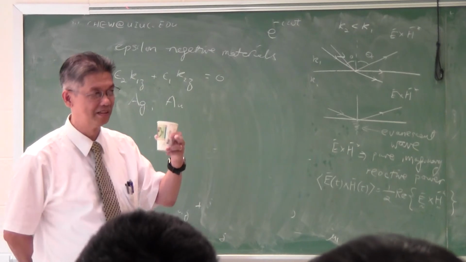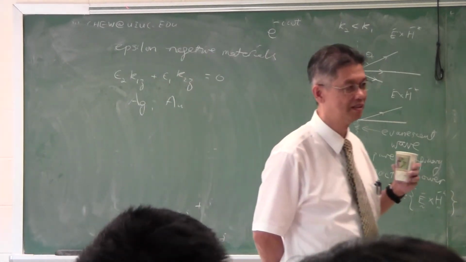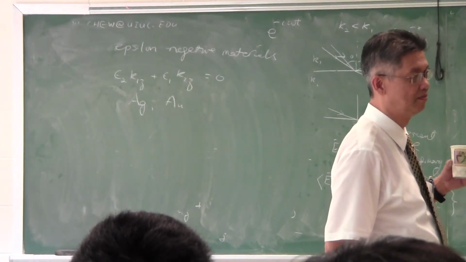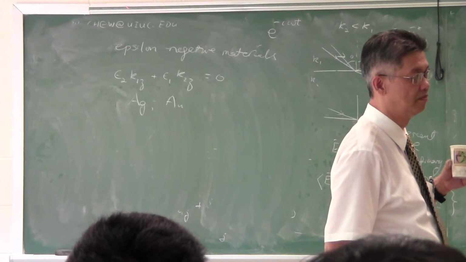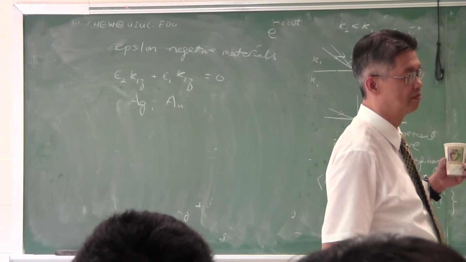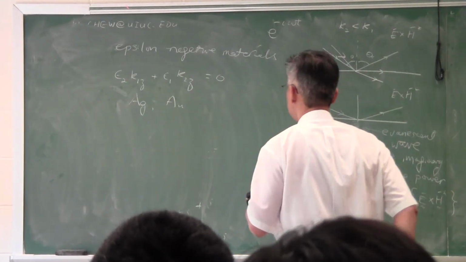Yes, Kurt, you have a question. If one of them was negative, then the corresponding k term would be imaginary, wouldn't it? Because that's the square root of that term?